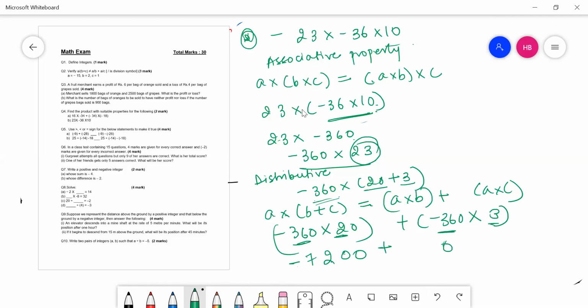I will directly write the 0 of the answer here. 6 3s are 18, 3 and 9 is 108, and again this will be minus, because minus into plus is minus. Both the signs are minus, so I'm going to directly add them. Because same signs we add, it will be minus 8280. So minus 8280 is your answer, right?